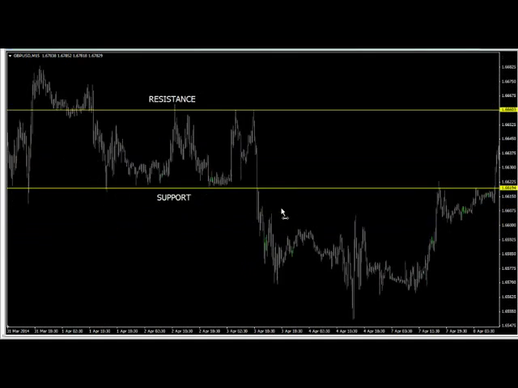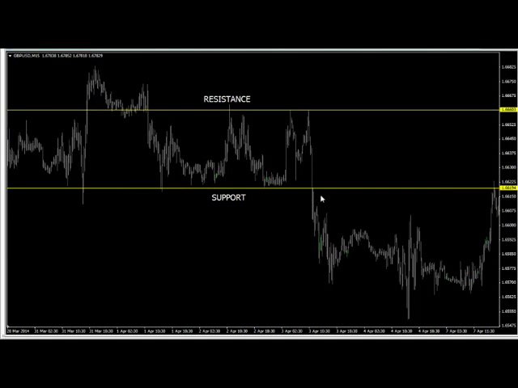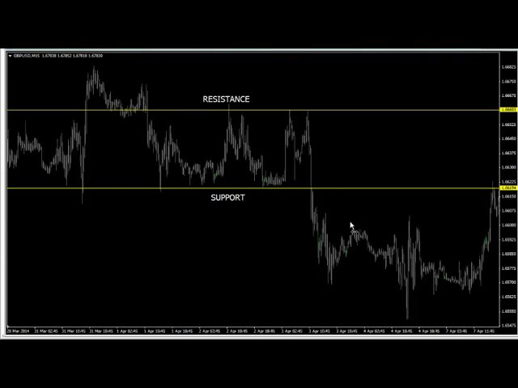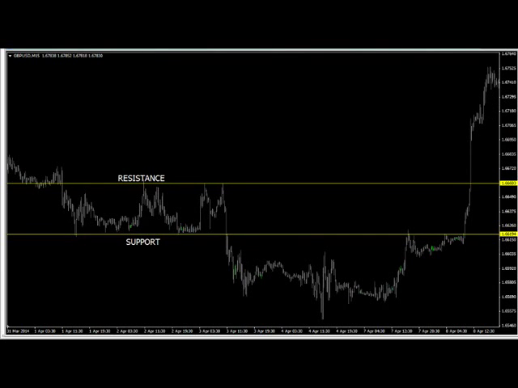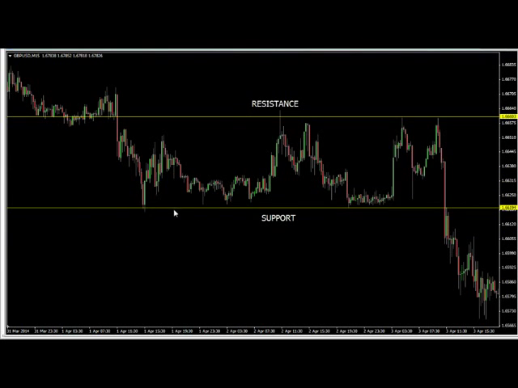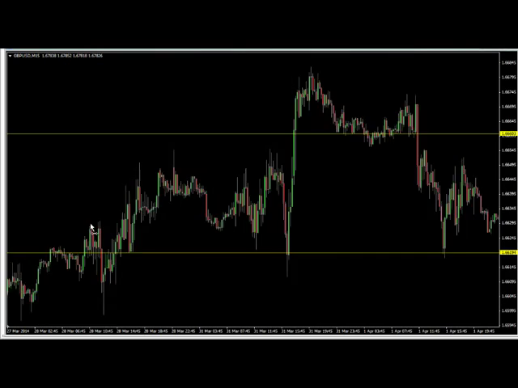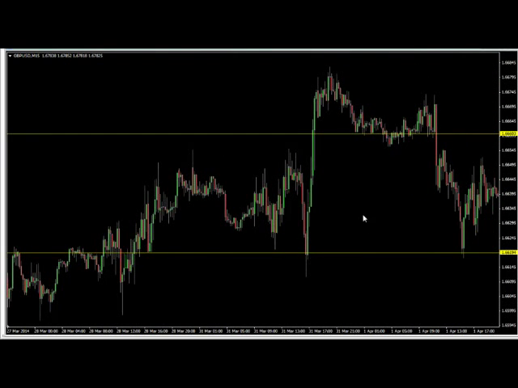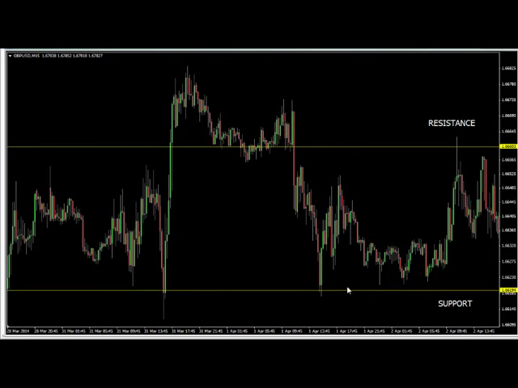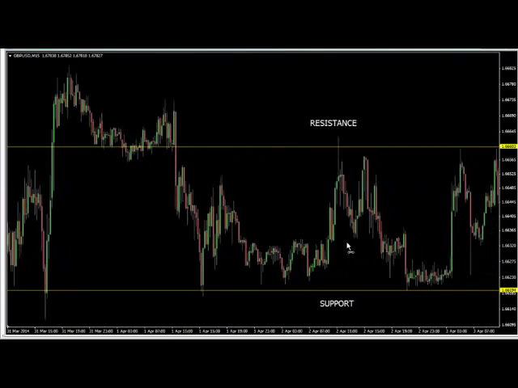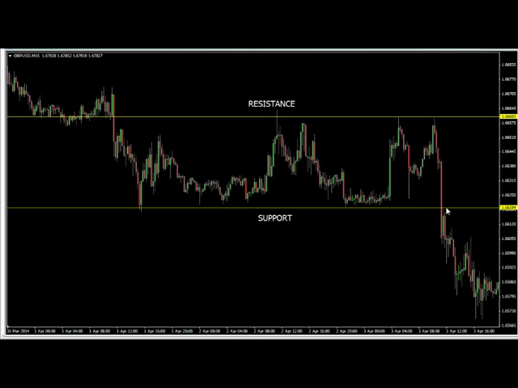Now, something else interesting that support and resistance is very good at, and is often overlooked, is that areas of support that have been broken usually become levels of resistance. So we'll see here this level of support that I've drawn. Once again, I only drew this level of support after it had been established, after it had been tested a couple of times. Did I draw this level and consider it something to watch after it was broken?